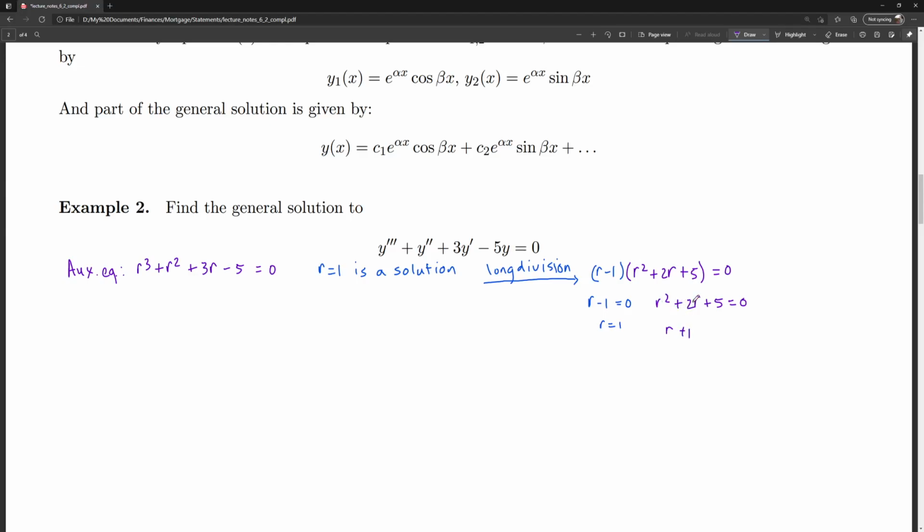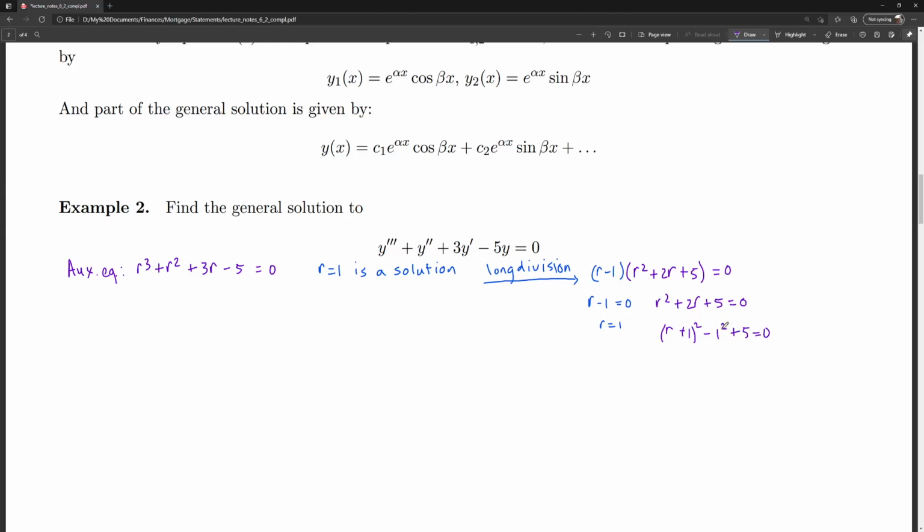So you take half of the plus 2, and then you square that. So we have r plus 1 squared. Now, when you FOIL this out, you introduce a plus 1 that's not there in the original one. So we take half of that, put that inside the square, and then we subtract 1 squared from that, and then we add 5 to that.